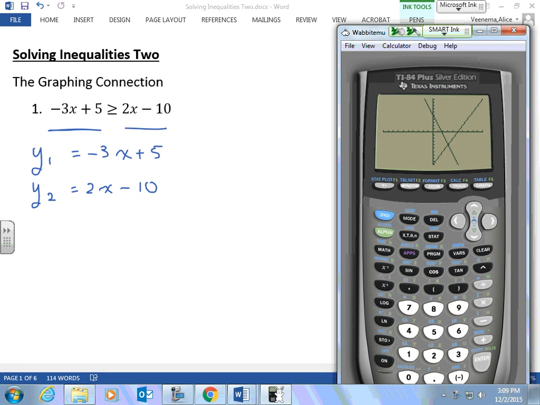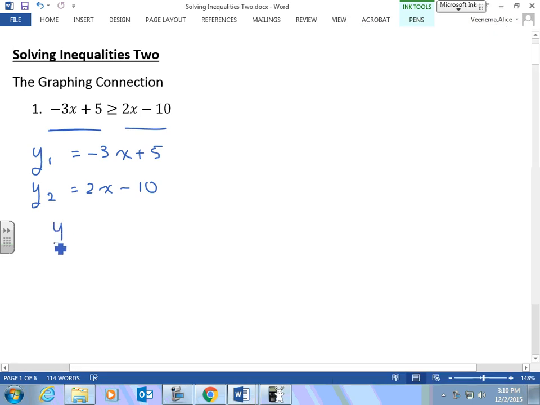And you can see on the left side of the graph here that the first equation is greater than the second equation really in this whole area here, because here's the first line and it's greater than the second line. Okay? So that's the way to think about it with graphing. So you can think of when is y1 greater than or equal to y2.